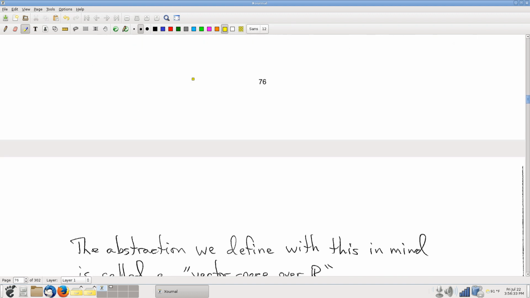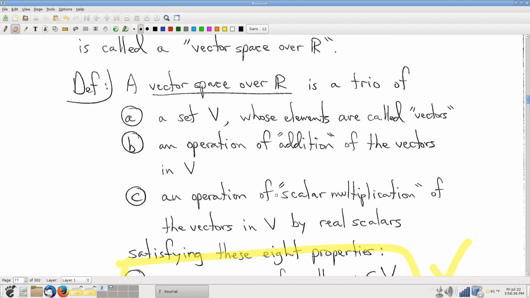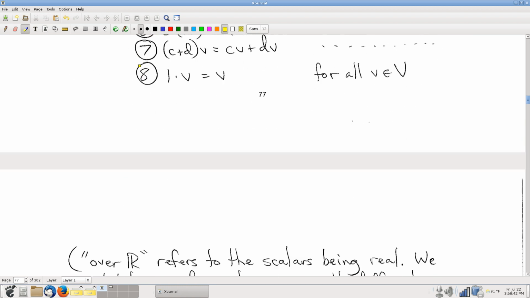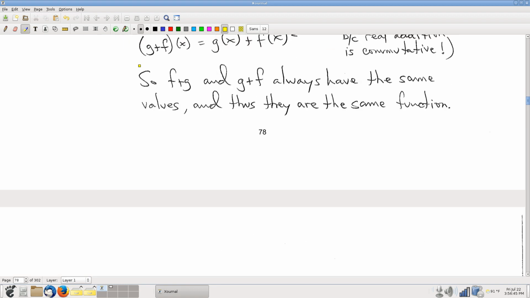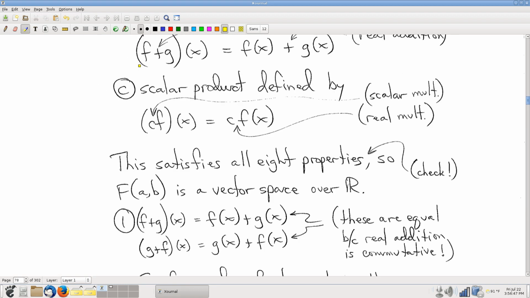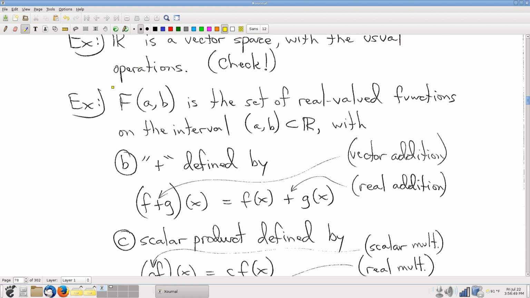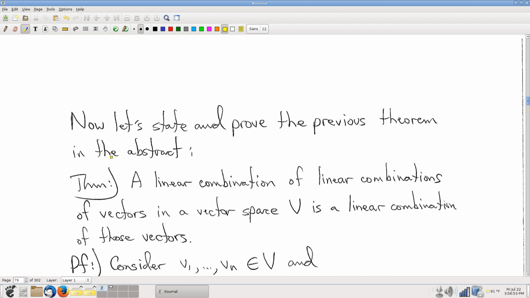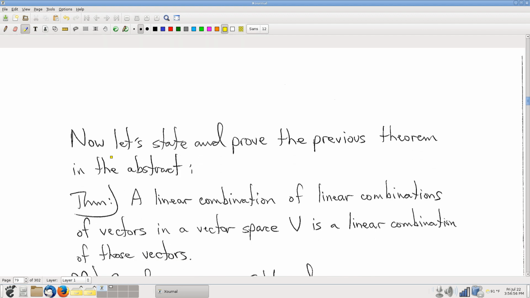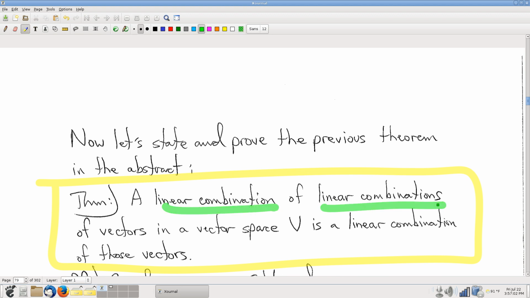But instead, what we're going to do now is take advantage of our abstraction. We have this abstract construction of a vector space, and now instead of Rn, instead of this specific vector space here, what I'm going to do now is state our theorem entirely in the abstract. Here it is. A linear combination of linear combinations of vectors in a vector space.